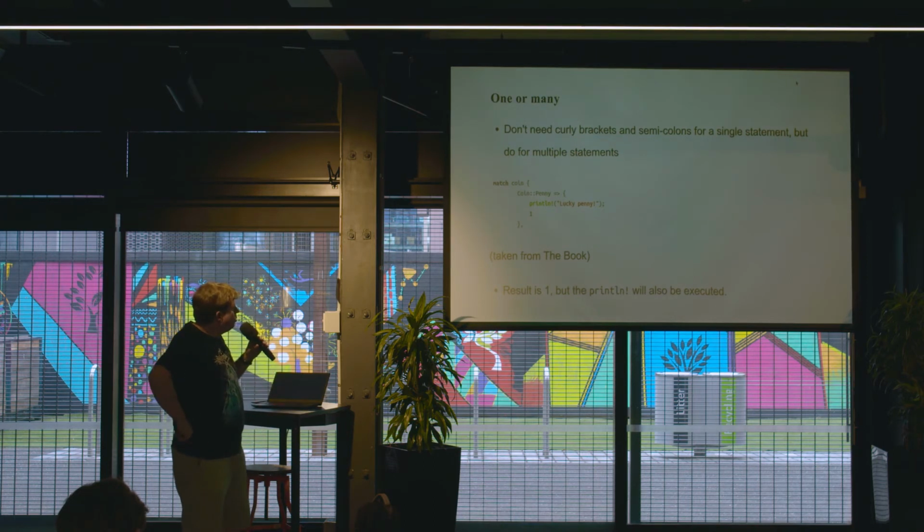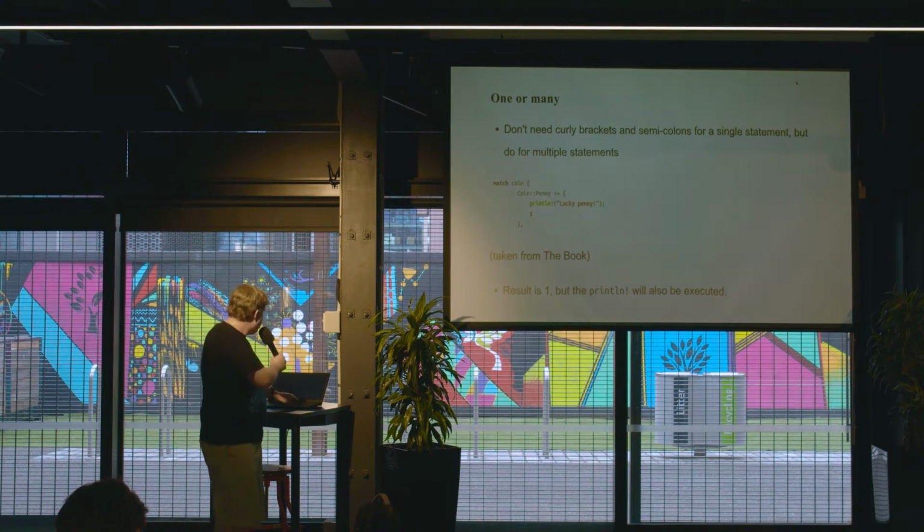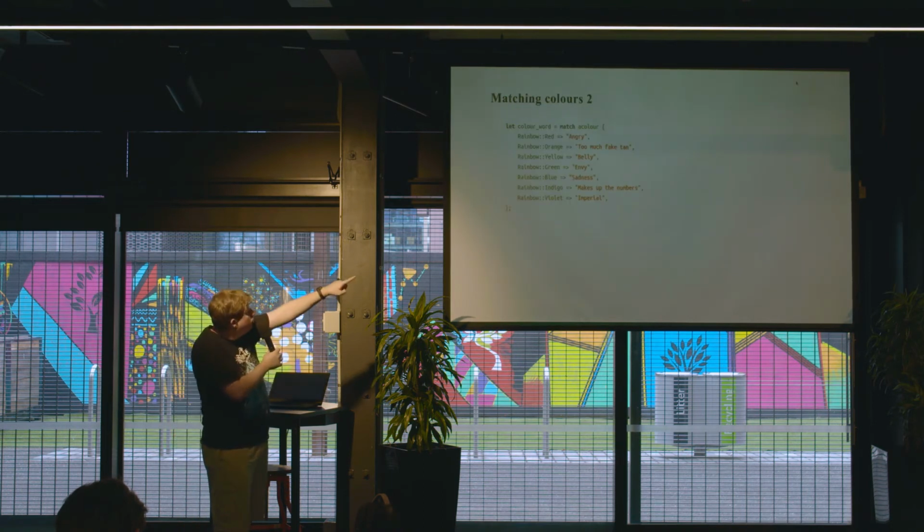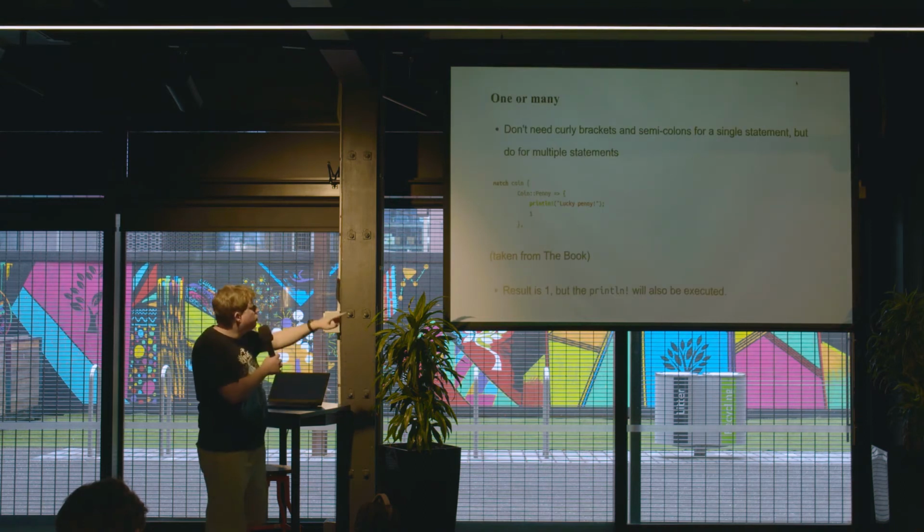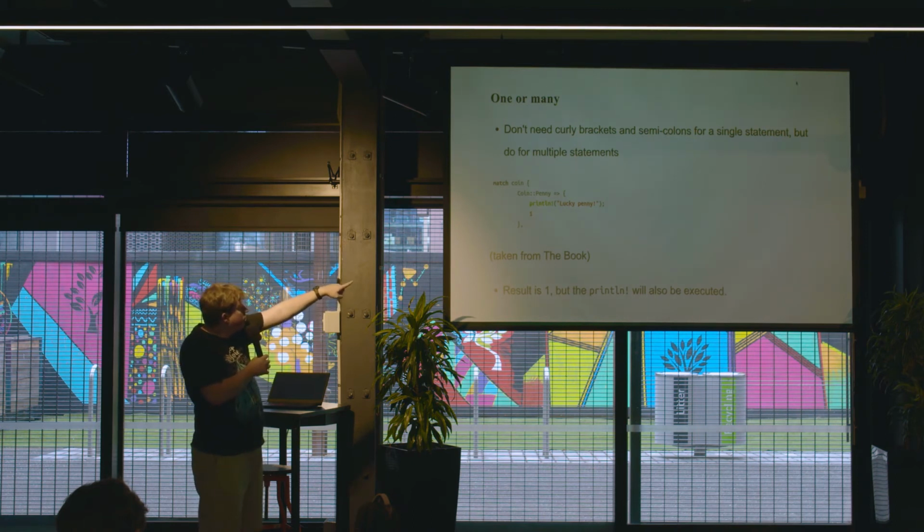One thing to note, which can be a little confusing, is if you look back here, in each of these we've only got one single statement to make up each result, which is basically just declaring a string. We can just have a comma between each case. But if we wanted to do two or more things for a given case, then we need to put curly braces around it and have semicolons on each of the lines.